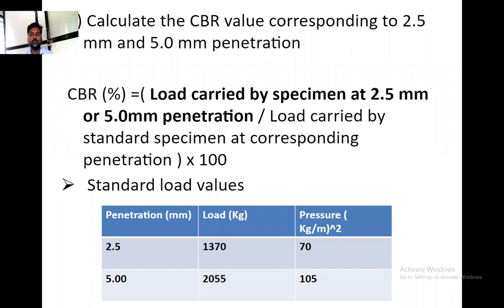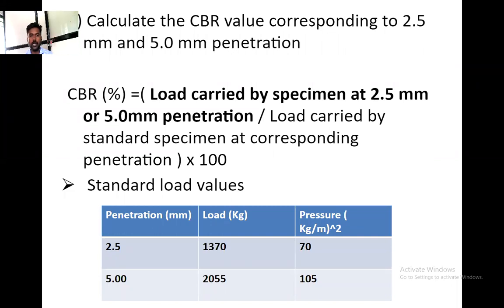Below that, write down the standard load values. We also need to know the standard load values that are used while calculating the penetration. Make a table: penetration in mm, standard load for that standard penetration value, and the pressure for that standard penetration value.